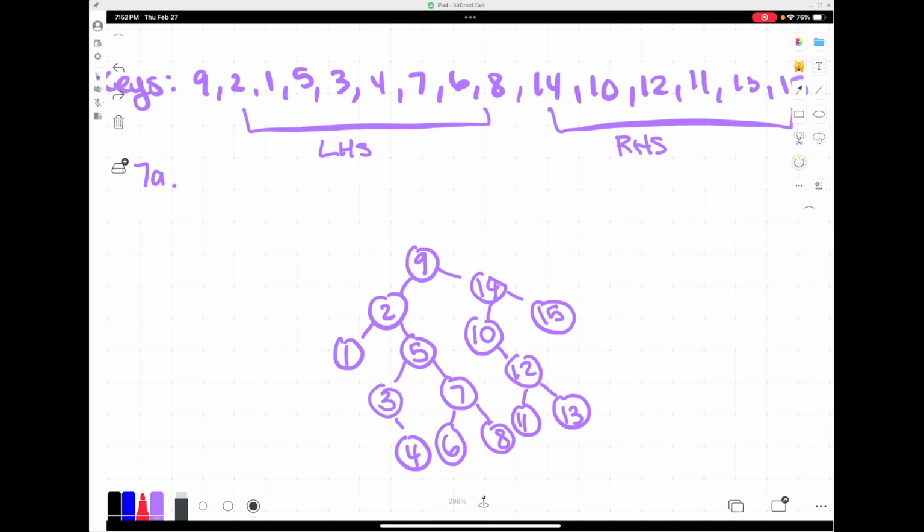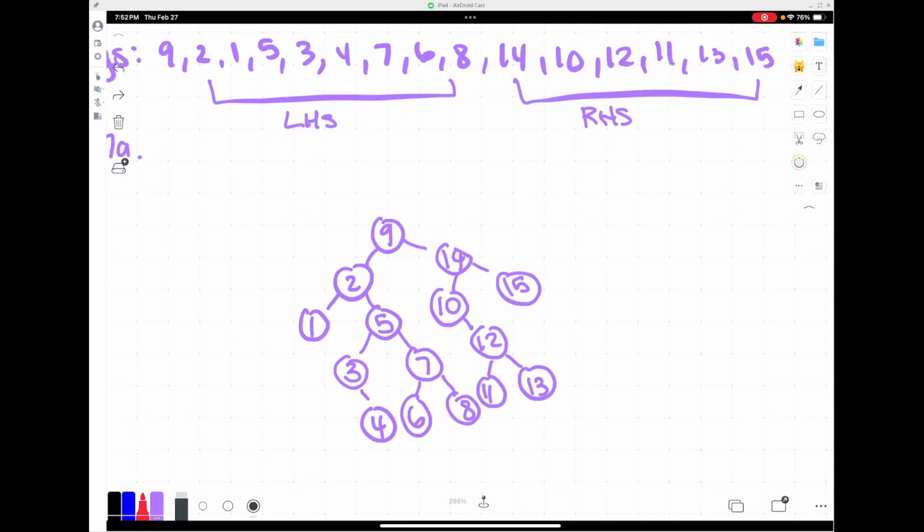That makes sense, right? Then we go to 5. 5 is greater than 2, so it goes to the right. But it's also less than 9. And it's also on the left-hand side. So that's why it's there. Number 3. Now you're thinking maybe, no, because it seems like there's a pattern of just having a parent node and then 2 children.